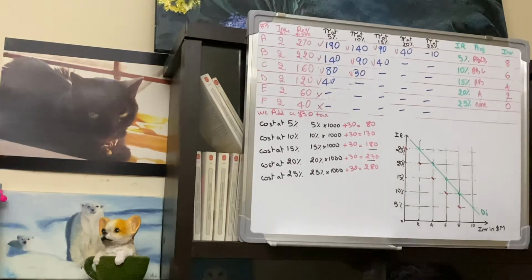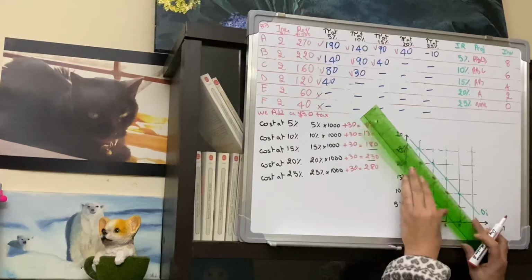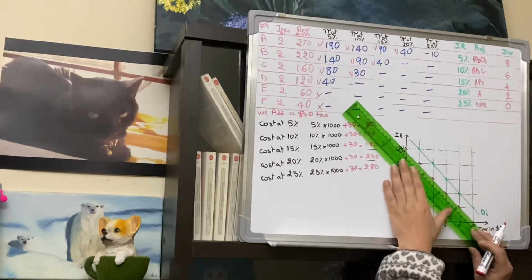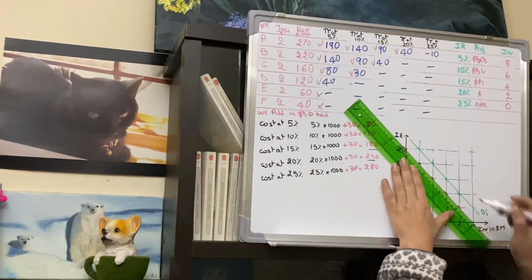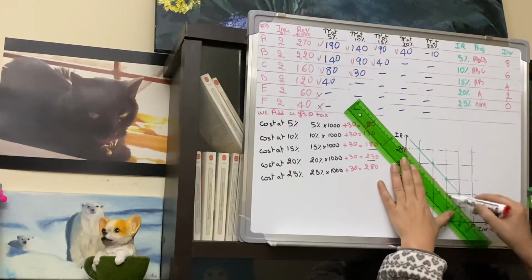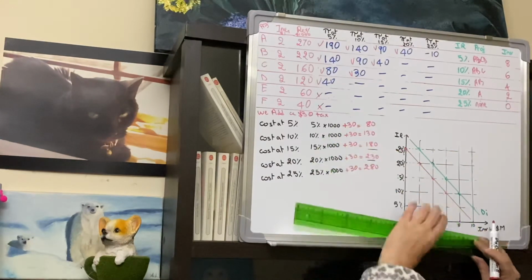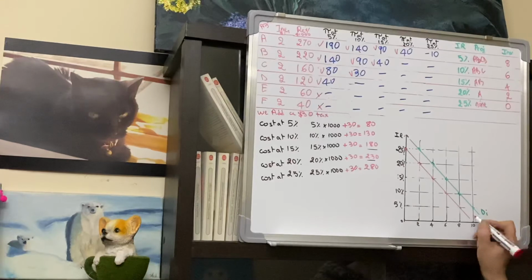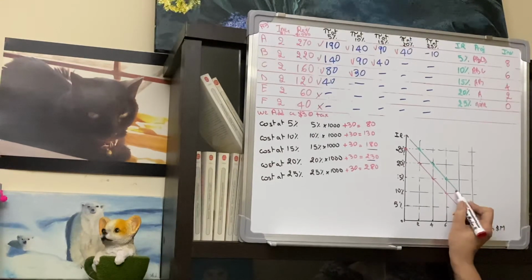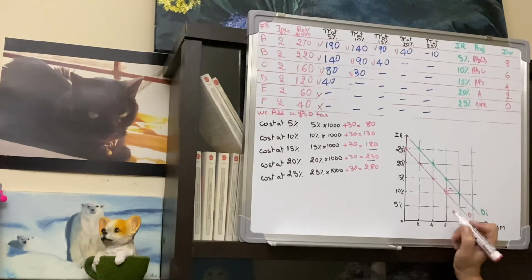And that's my new demand curve. I did it in order to be linear so that for you it's easier to plot. And that would be my new demand for investment. You see that it shifted to the left due to tax.